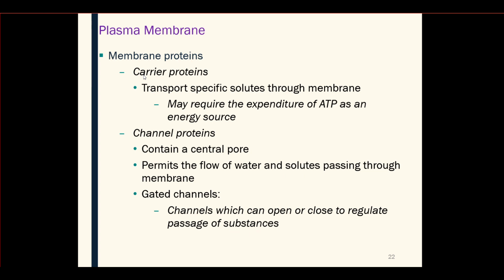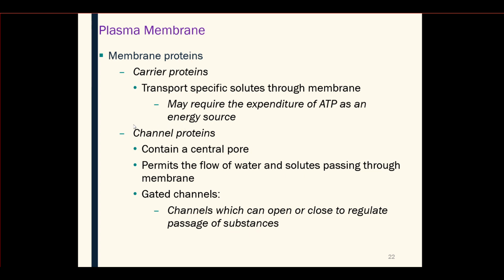We have special proteins that can help move these substances through the cell membrane. Some of these carrier proteins actually require the use of energy to work. We actually have to spend ATP to get the carrier protein to work. So I just want to introduce them today. We will get into how they function in subsequent lessons within the cellular level of organization lessons.